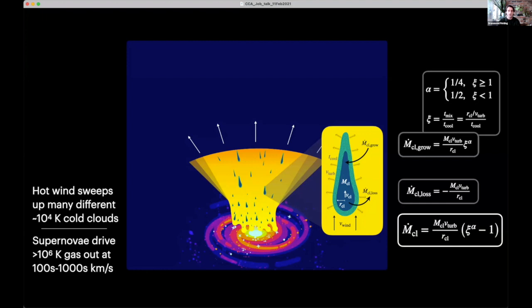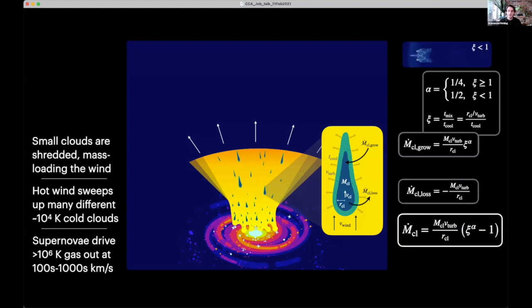Okay, so that's all encapsulated. Pretty much everything that I've talked you through so far is encapsulated in this one simple equation. So as we now know, small clouds are shredded, just like we saw in Matthew's simulations, and large clouds grow.